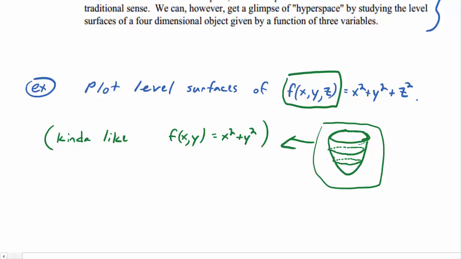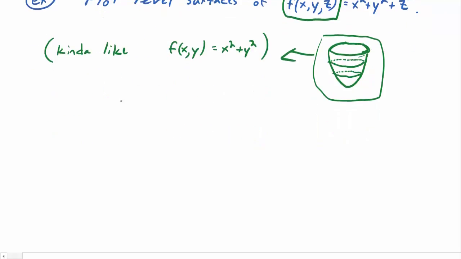We're not going to get circles, we're going to get the three-dimensional version of a circle, which is a sphere. Okay, so I'm going to just do two of them because they get, as you might imagine, hard to graph level surfaces. I'm going to let c equal 1 and not 2, let's use 4 just because it'll be nice.